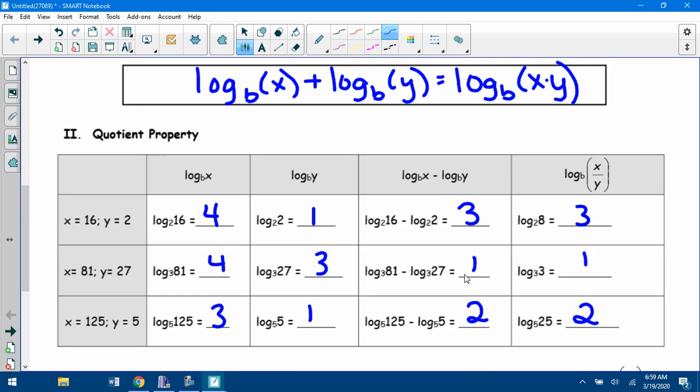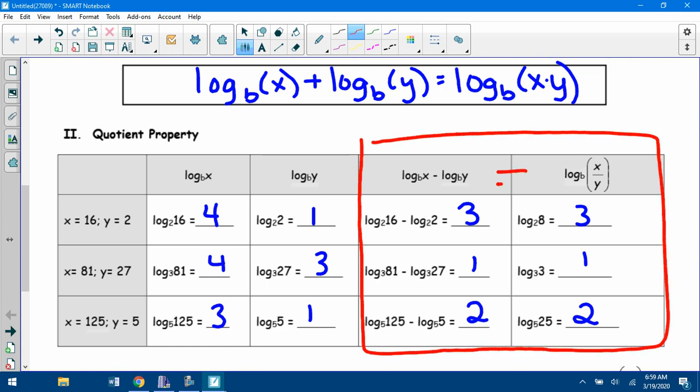Okay, so you're going to see the same type of thing down here. These last 2 columns are equal. Always get the same number. And what this is saying is if you have 2 different logs but the same base subtracted, you can smush that into 1 log with the numbers inside divided. 16 divided by 2, that's why this is an 8. 81 divided by 27 is 3.